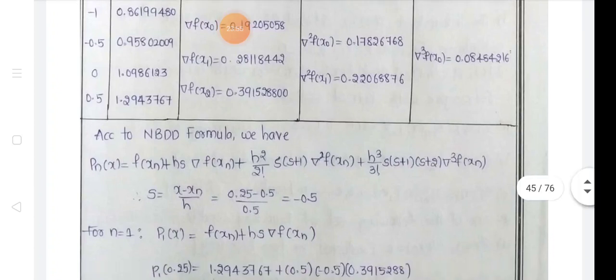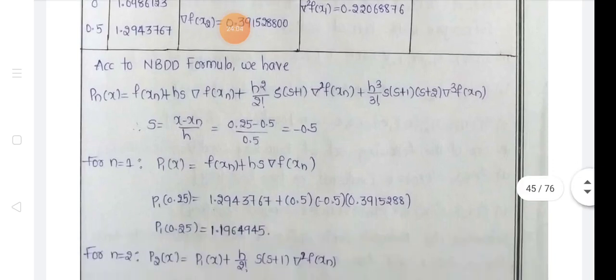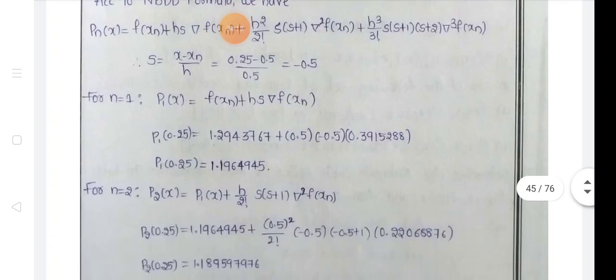For n equals 1, p1 of x is equal to f of xn plus hs del f of xn. p1 of 0.25 equals 1.2943767 plus 0.5 into minus 0.5 into 0.3915288. After simplifying, we get p1 of 0.25 equals 1.1964945.